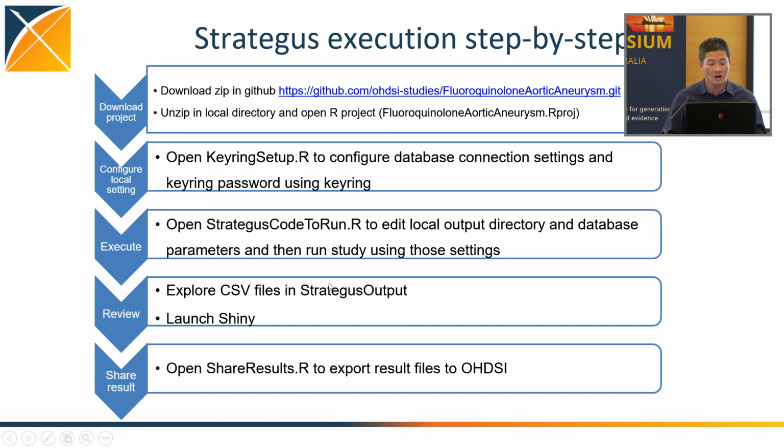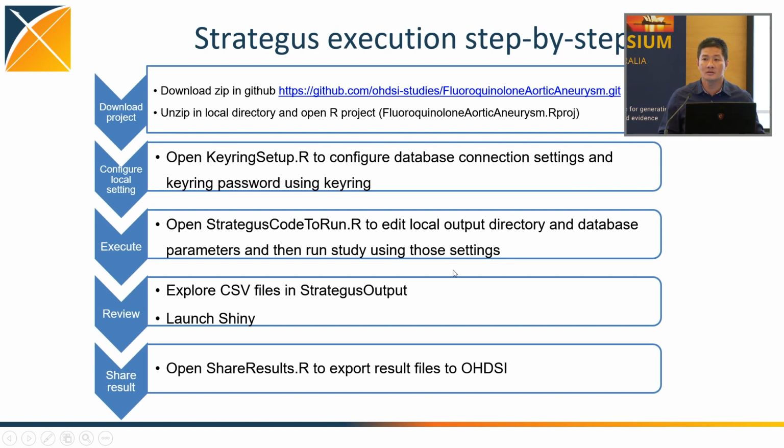We need to run the Strategus code, and before running it, we need to edit the local output directory and the database parameter according to your database server, and then we run the study using the setting.